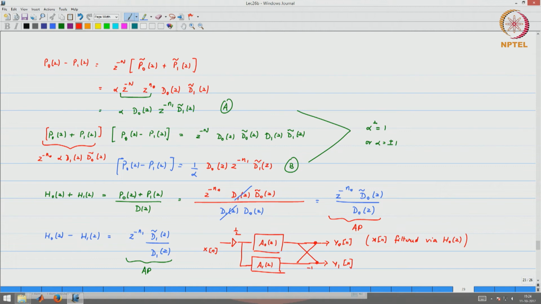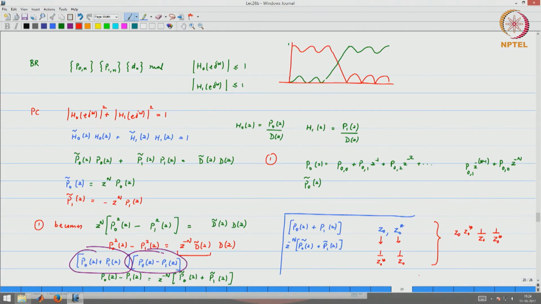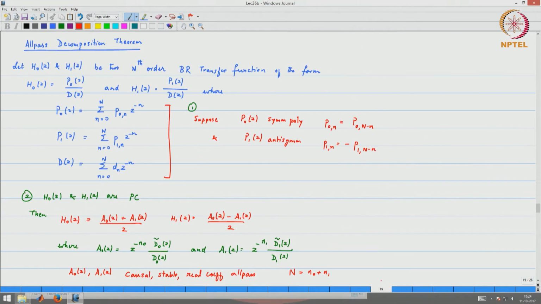Okay, so what is it that we carry forward from here? If I enforce the polyphase components, so let us go back to the theorem. If I enforce the symmetry, enforce the power complementary property, and with the appropriate order, then we can get the transfer functions H naught and H1 to be a sum and difference of all pass functions.